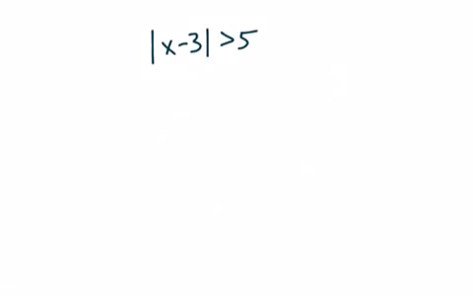So here it's the same problem, only instead of having less than, we have greater than. Going through it, we have x minus 3 is greater than 5. And for the negative case, just like the prior example, we're going to flip the sign. So we'll have x minus 3 is less than negative 5.